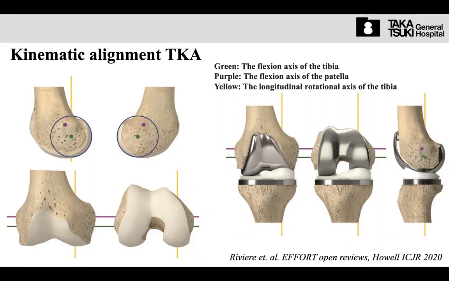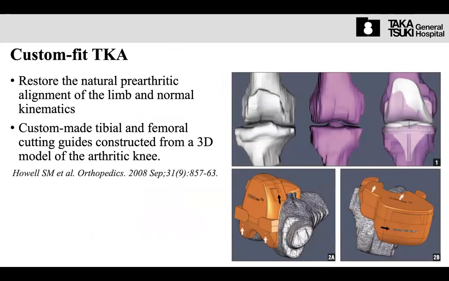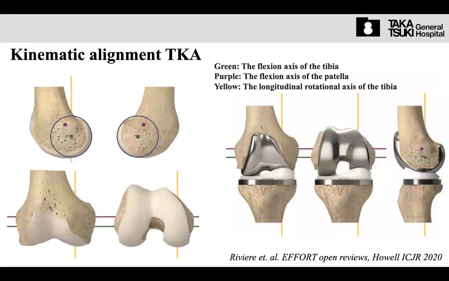So this is kinematic alignment. So first, sorry, this kind of TKA just replicates the native joint surface.